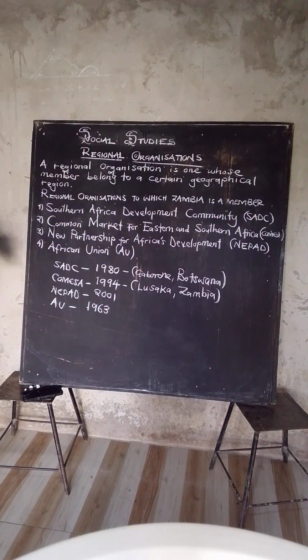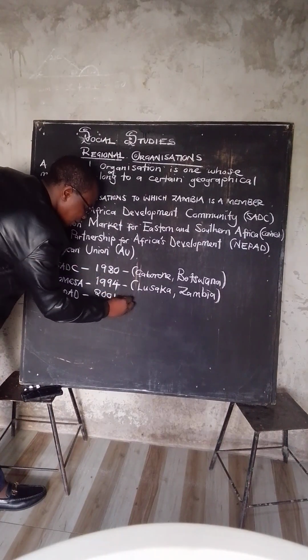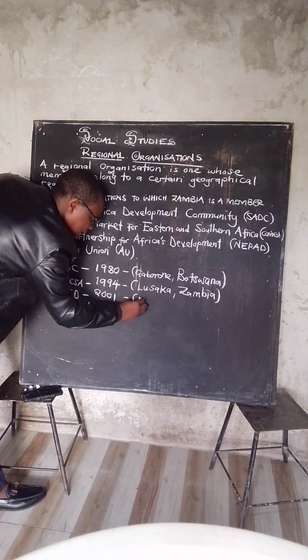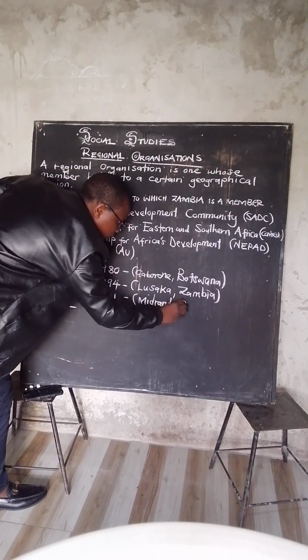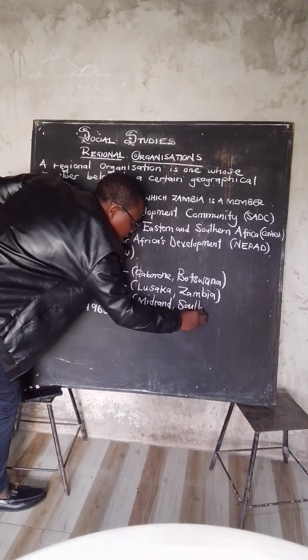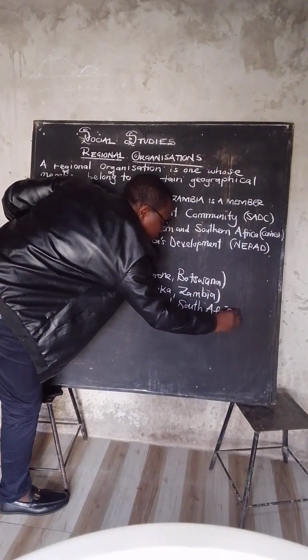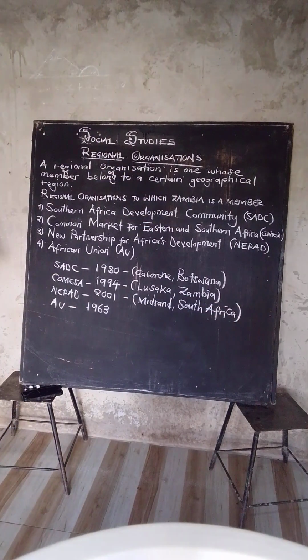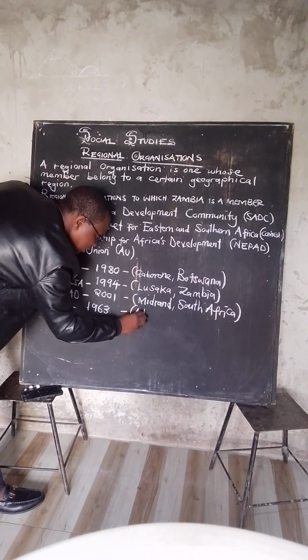Then NEPAD, where are the headquarters of NEPAD? The headquarters of NEPAD are in Midrand, South Africa. Then what about African Union?